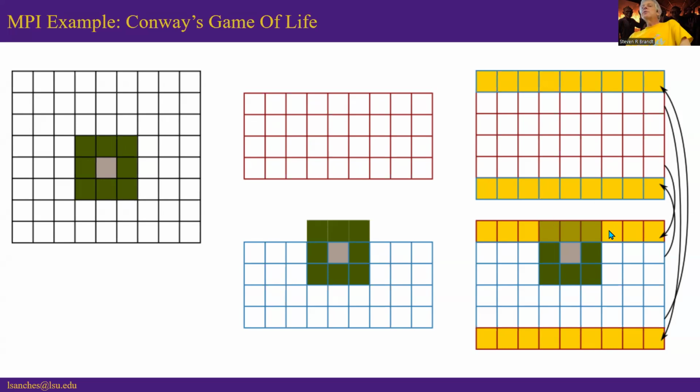And by continuously exchanging these ghost zones, as they're called, I'm able to do a distributed calculation. So OpenMP is for a single node, a single computer, whereas MPI is for many computers. That's the basic distinction. But you can use MPI on a single computer if you want to. It's just not the problem it was designed to solve.